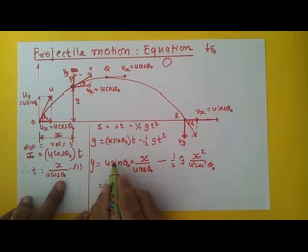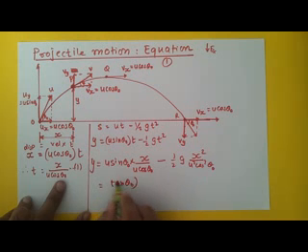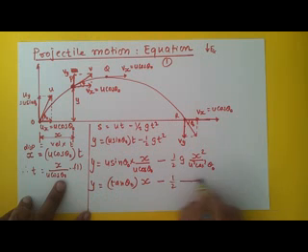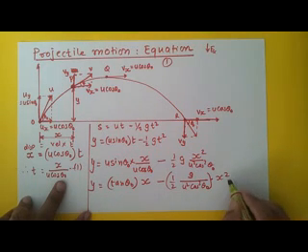Now u will get cancelled out, and sine theta 0 upon cos theta 0 is tan theta 0, so I'll get tan theta 0 into x minus half. If I rearrange this equation, it will look like g upon u square cos square theta 0 into x square. I'll put this in bracket. This is equation number 2.